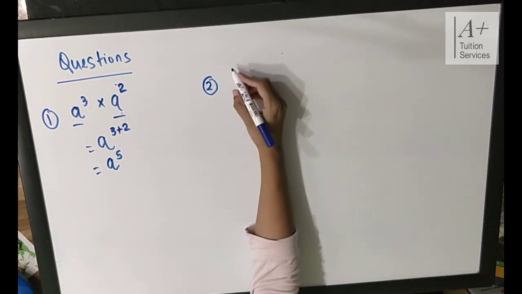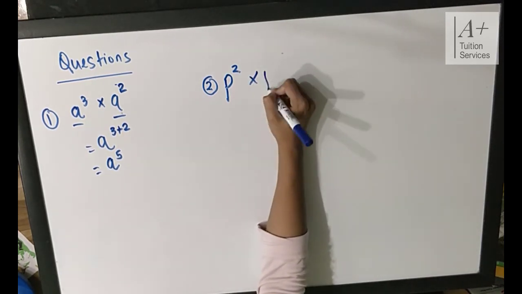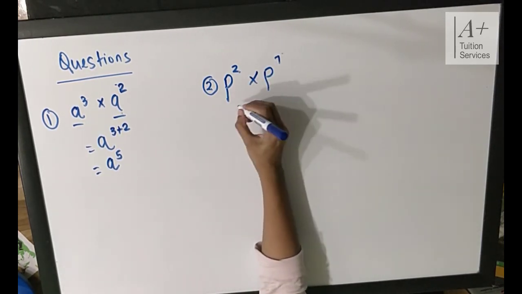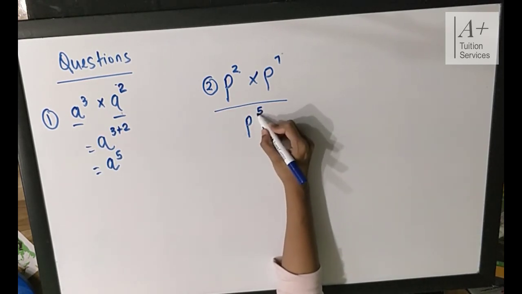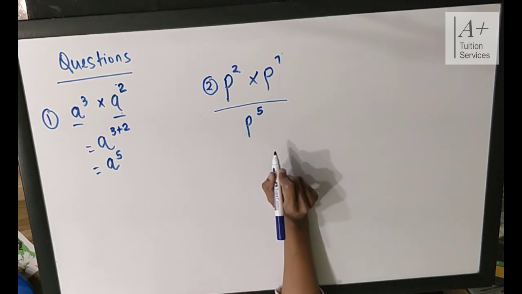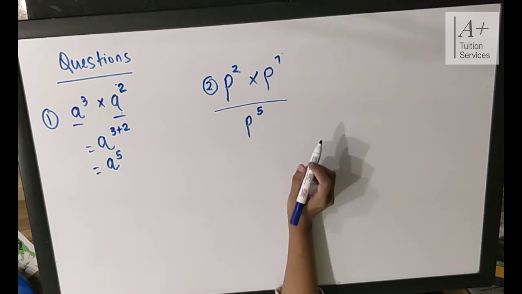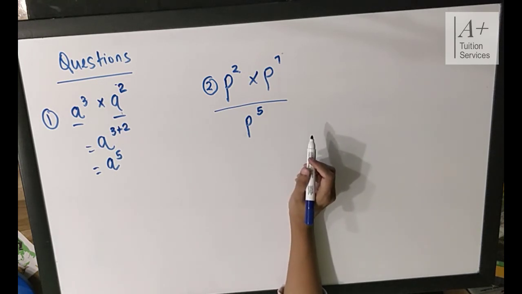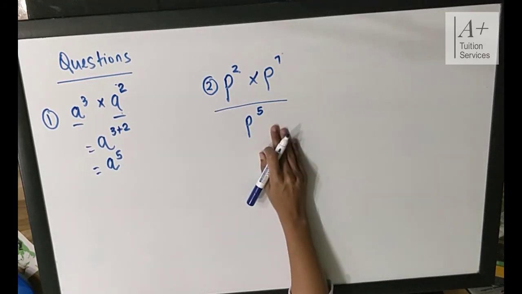I have P to the power of 2 multiplied by P to the power of 7, all over P to the power of 5. How would we work this one out? This is simple. If I was you, I would work the top first and then the bottom.